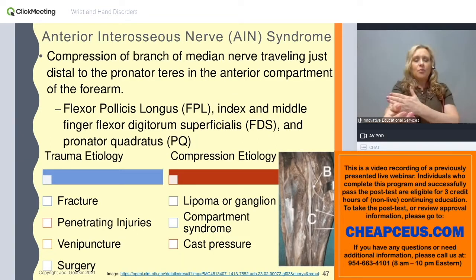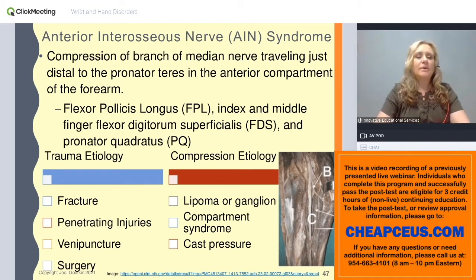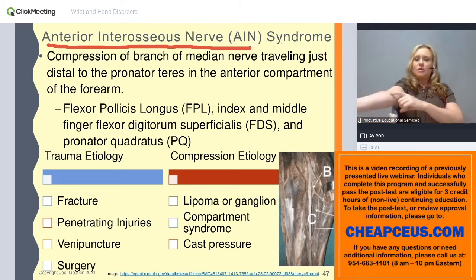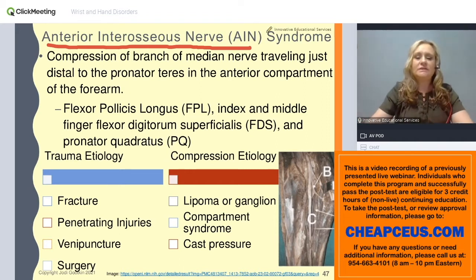Moving up a little more proximally in the extremity, we'll look at a couple of other nerve compressions that you want to be aware of. The anterior interosseous nerve syndrome. This is a branch of the median nerve. It's emerging in the proximal forearm, near the pronator teres muscle and the bicipital aponeurosis in this region here.